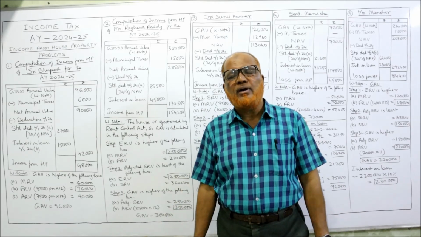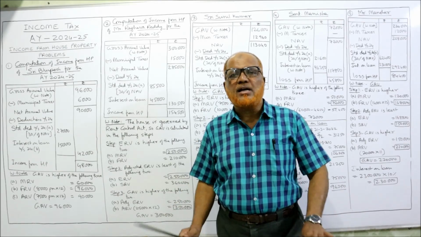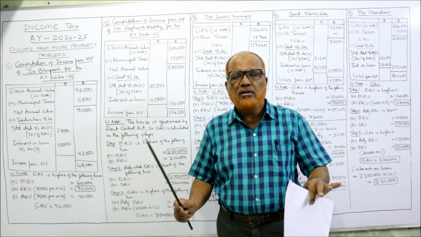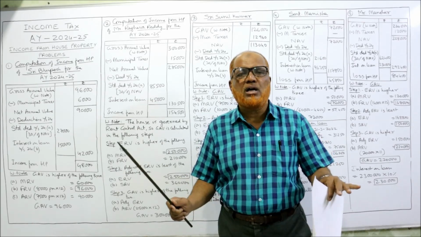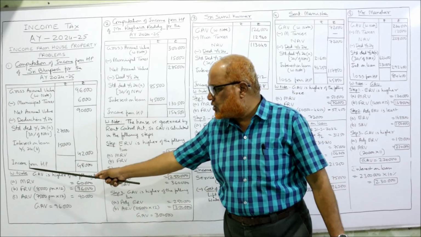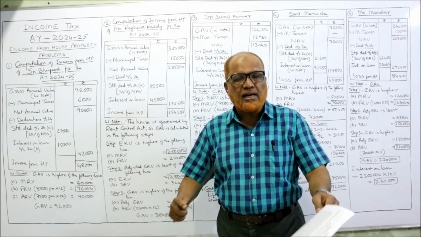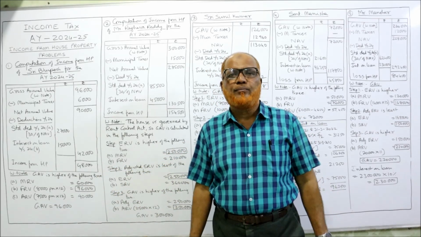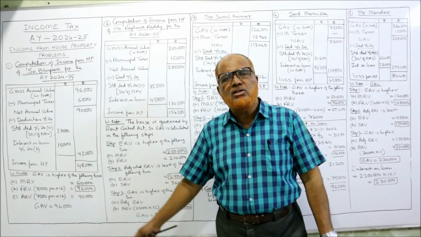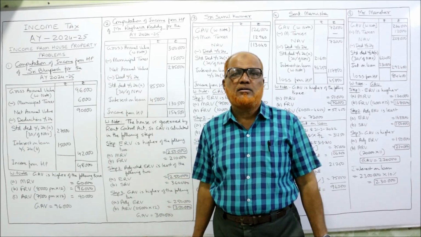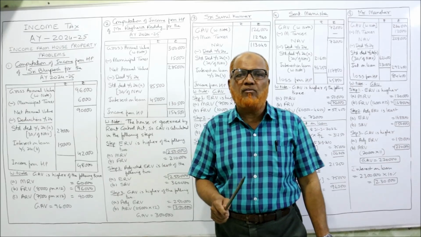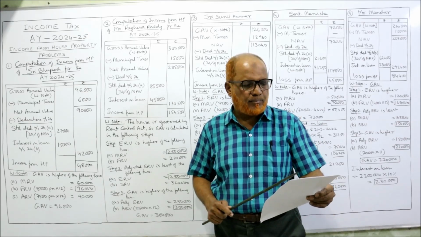So how to identify? If in the problem standard rent is not given, assume that the house is not covered by the Rent Control Act and this provision will apply. But in the second problem, standard rent is given. Now the procedure of calculating GAV will be different because the house is governed by the Rent Control Act.